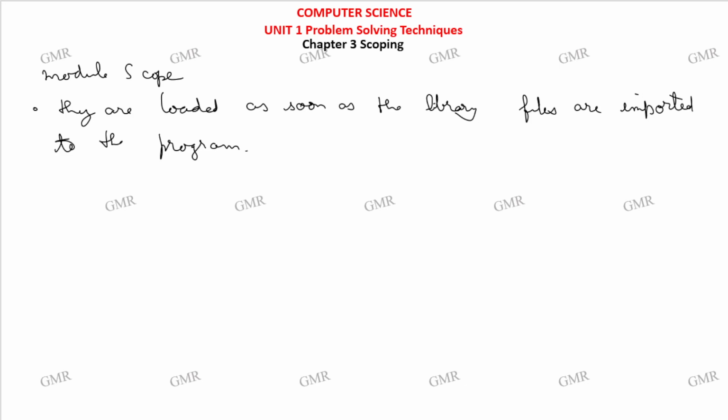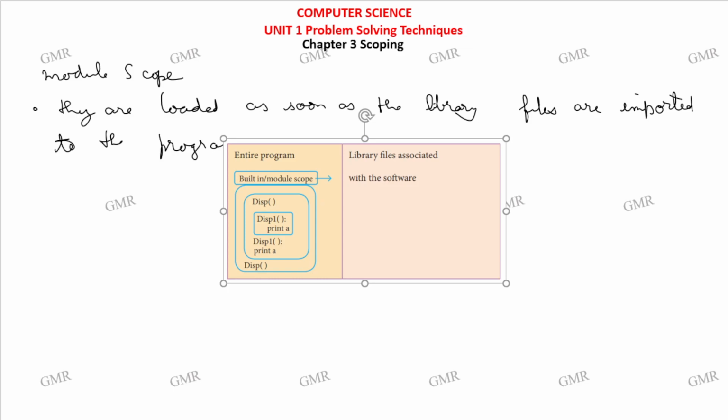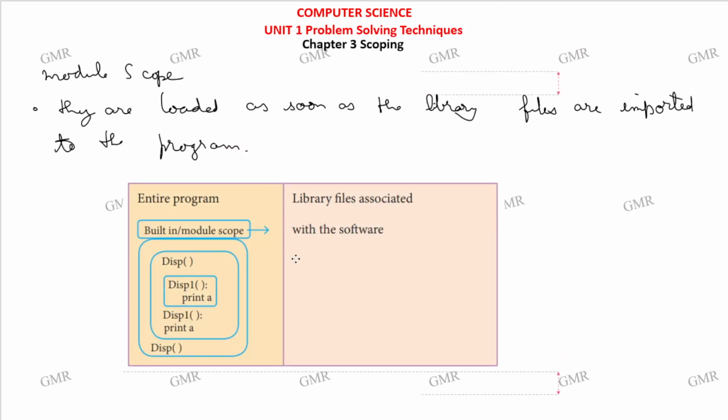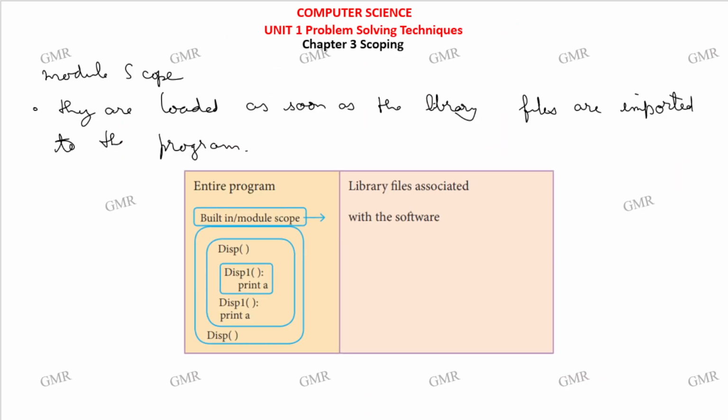Okay. You can see an example for this scope, that is built-in scope. For the entire program, the modules and files associated with the software will be loaded. Initially, it will be loaded. Without these libraries, the program cannot be run. So it will be displayed first.